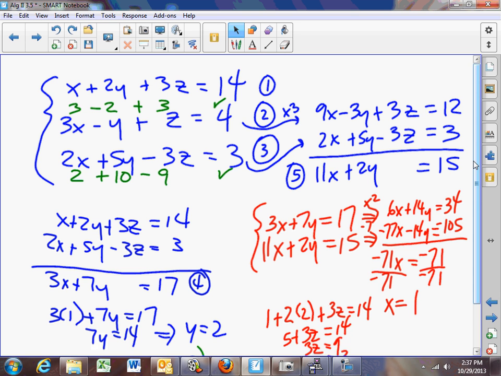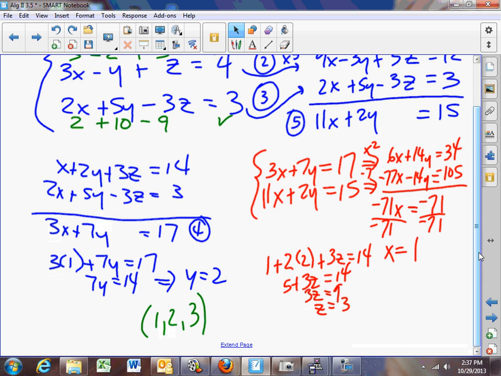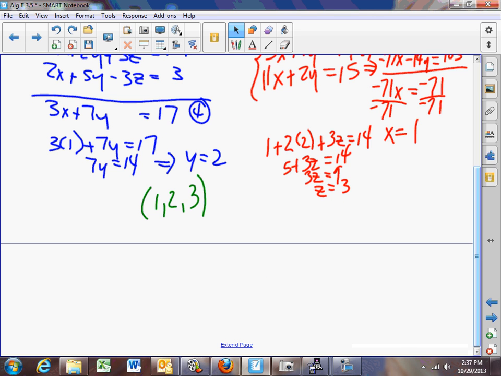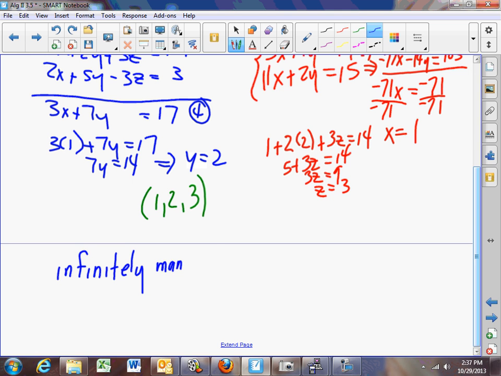So I will simply say this. What happens in those two cases when you have infinitely many solutions or no solutions? If you have infinitely many solutions, when you try to get rid of the second variable, the third variable will go away also, and you will get a true equation like 5 equals 5.